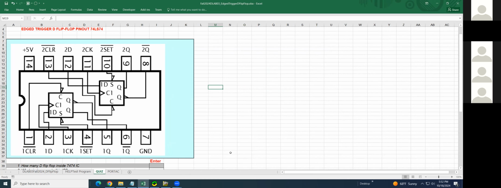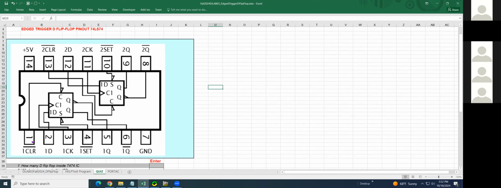They already tell you pin 14 connects to 5 volt, and pin 7 connects to ground. How many flip-flops inside? Two. So that's the first flip-flop, and this is the second flip-flop.